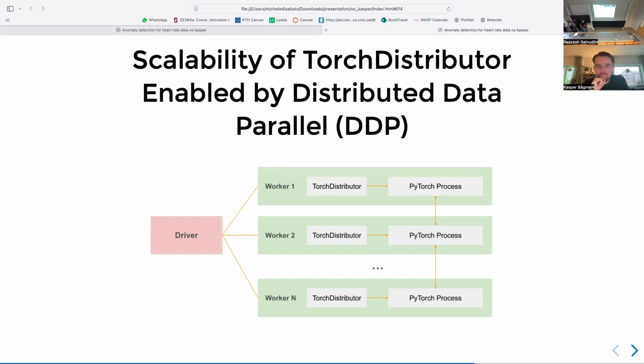So after you create different processes, these processes can actually communicate with the others about the gradients and synchronize their parameters as well. But for our problem, we only used half of its scalability, which is distributing the training by dividing the data set to different workloads.